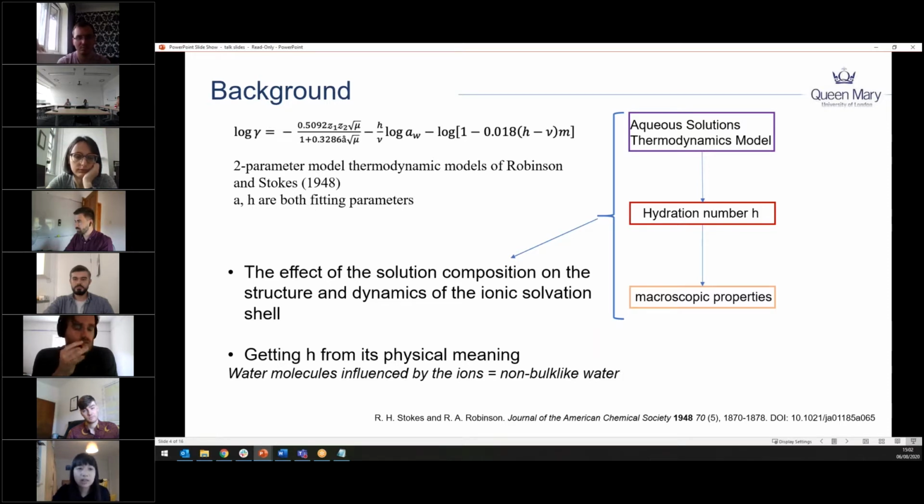So we need to get the H number from the molecular simulations, which is the number of water molecules that are influenced by the ions and have different behavior from pure water molecules. We call the water molecules influenced by the ions non-bulk-like water, and the other water molecules bulk-like water. So next slide, please.